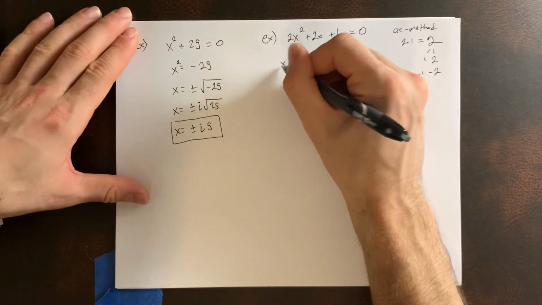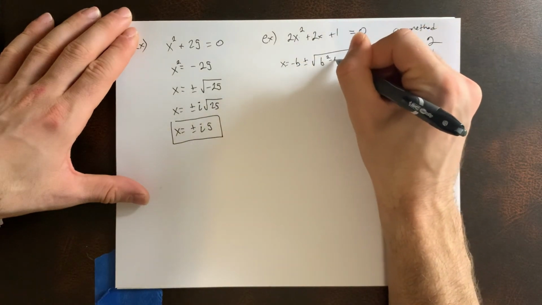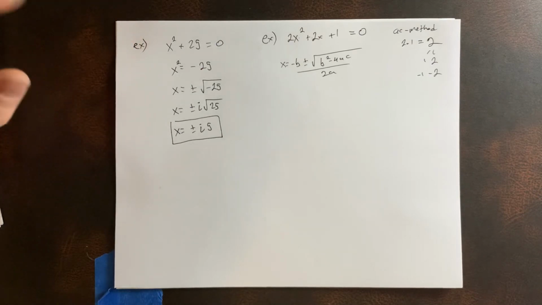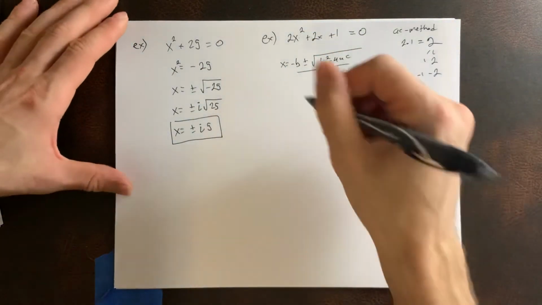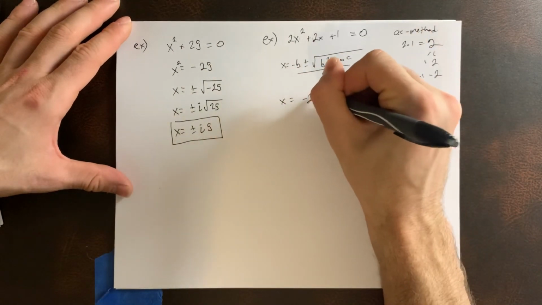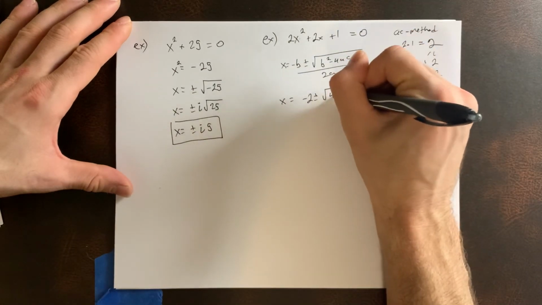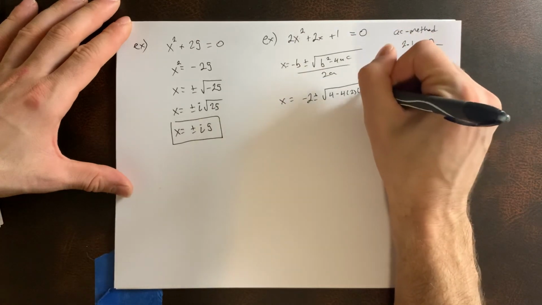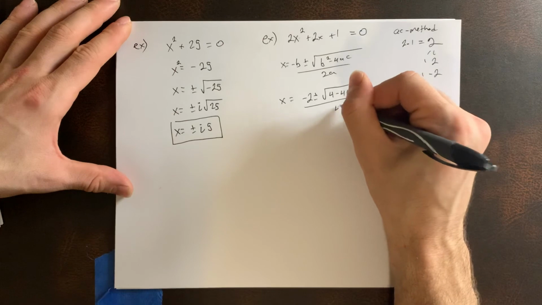So remember the x equals negative b plus minus the square root b squared minus 4ac all over 2 times a. So if we fill in the formula with this a, b, and c, we get x is equal to negative b, so negative 2, plus minus the square root b squared, so 4, minus 4 times a is 2, c is 1, all over 2 times a, so all over 4.